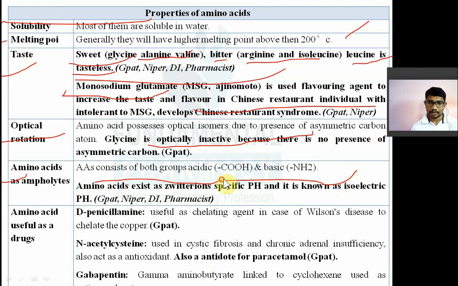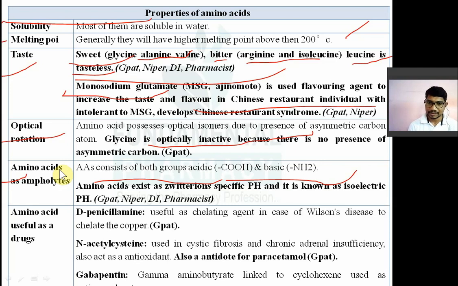So the net charge on the amino acid is 0. The pH at which this happens is known as the isoelectric pH. You can define the isoelectric pH of an amino acid as the pH at which the amino acid will exist in zwitterion form.